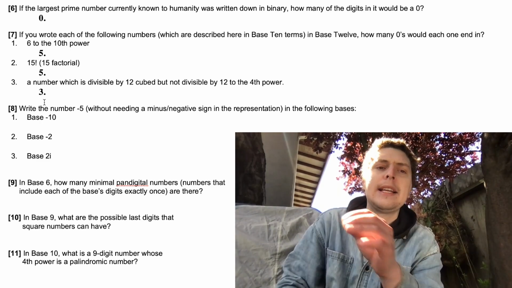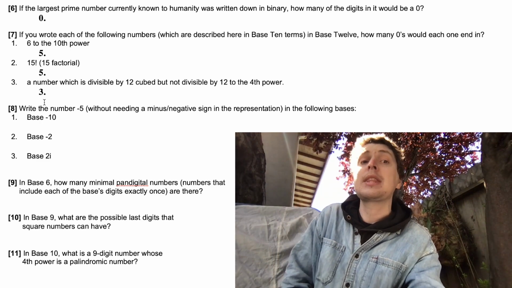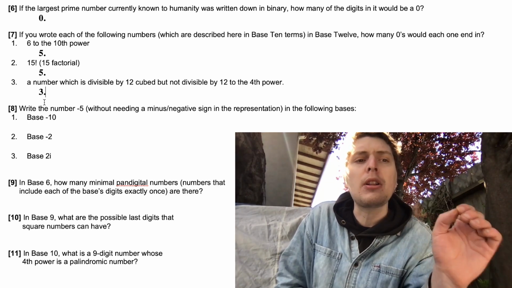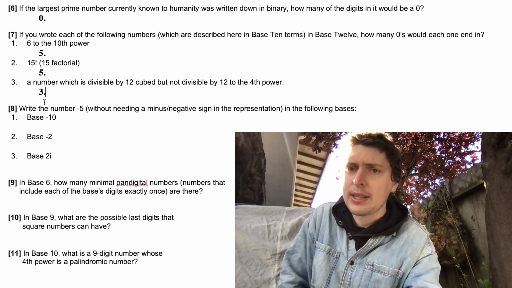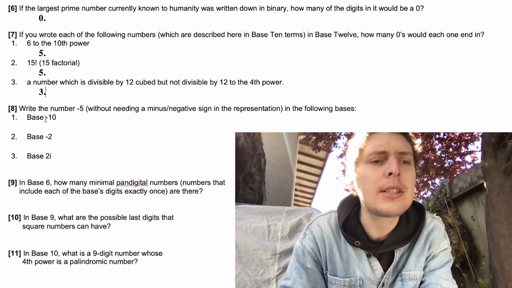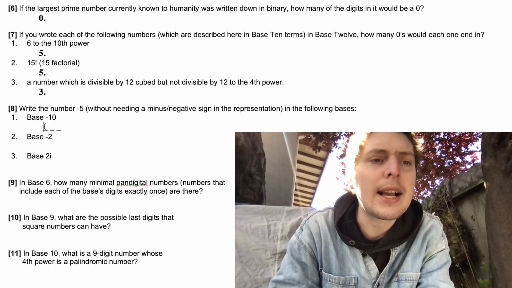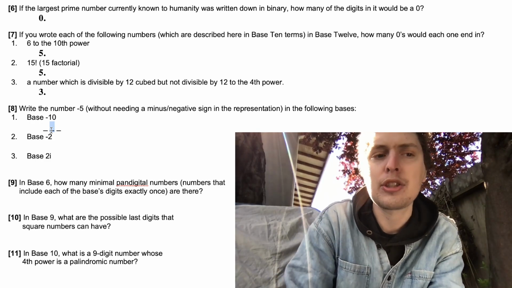What about number 8, where we're asked, write the number -5 without needing a minus sign or negative sign in these following bases: base -10, base -2, and base 2i. Well, in these numbers, let's think about what the places represent. Here in base -10, we have a 1's place, which is that to the 0th power, then a -10's place.